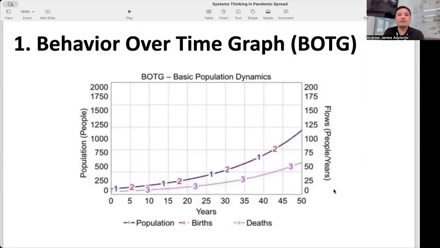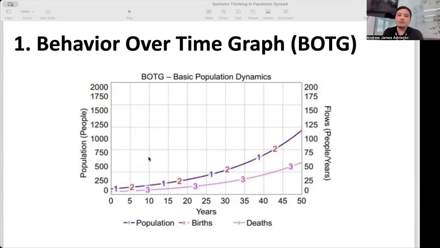Now let's go to BOT, or the behavior over time graph. So this is how things change over time. Instead of asking what happened today, we ask how did it change over time?